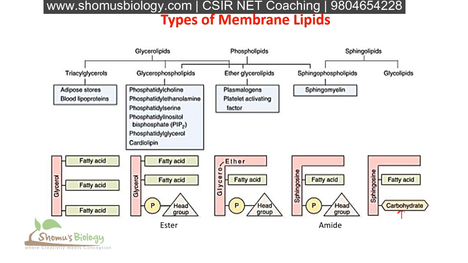Examples include cerebrosides, sulfatides, globosides, and gangliosides. Most of them are found in our brain and brain tissues. So these are all the different types of membrane lipids that are present in our animal cells.